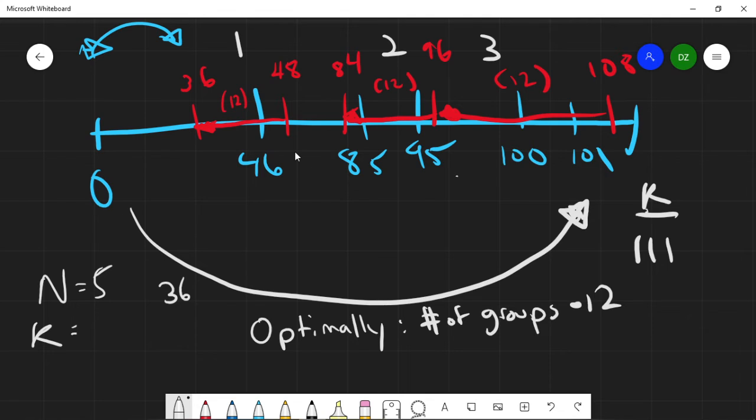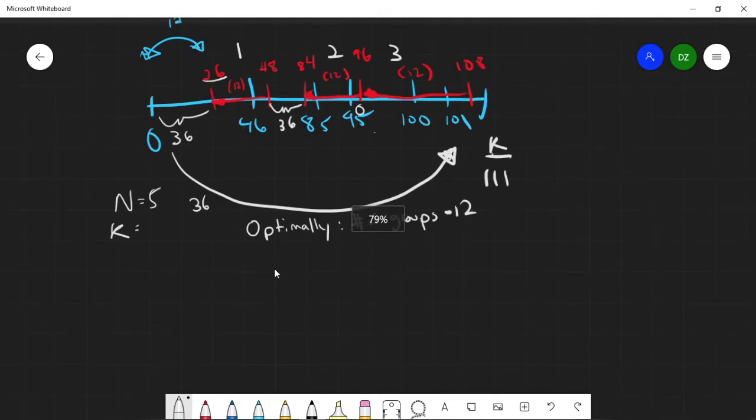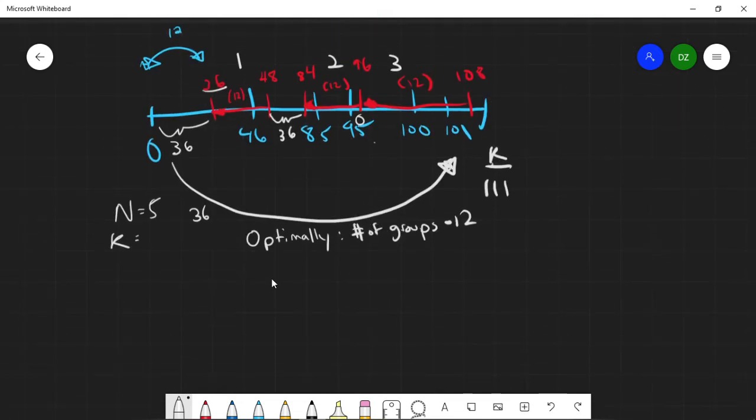So if we had an infinite k, the optimal amount is the number of groups times 12, right? Now, if we had a smaller k, we would have to count the gaps between groups. So the gap here will be 36, and we would also have to count this one from 0 to the first multiple of 12. That's important, because there's also the choice of waiting here too. And the gap between here is actually 0. So yeah, that'll be important later too.